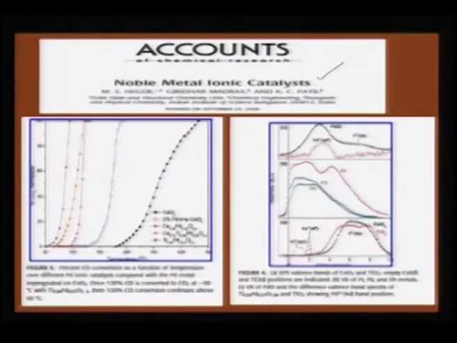As you would see here very clearly, these are the valence band spectra for platinum, palladium and other noble metals, whereas when palladium is doped into ceria, you can see the spectra is completely different from the noble metals.